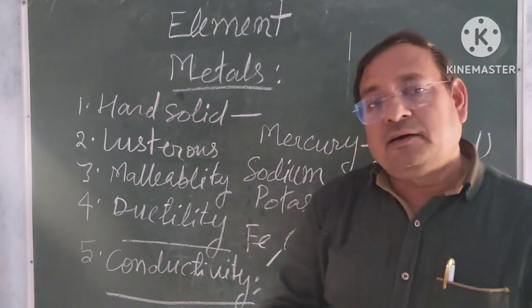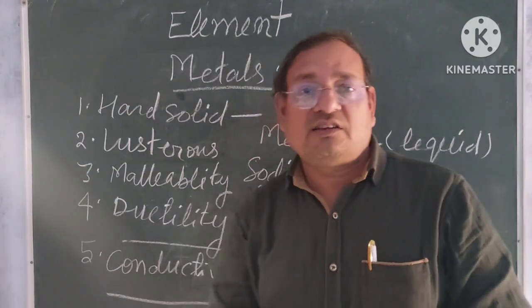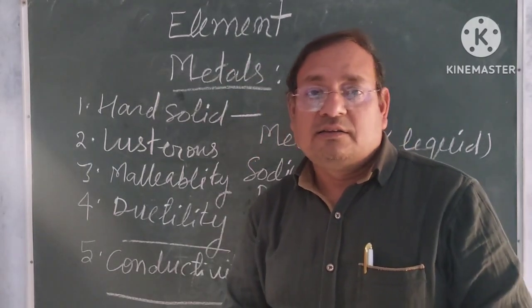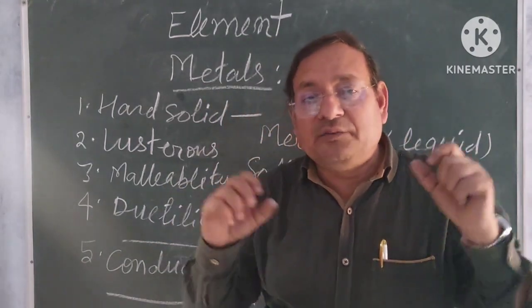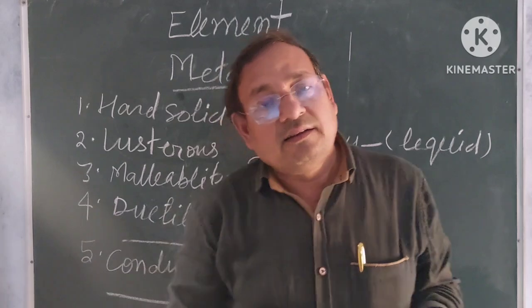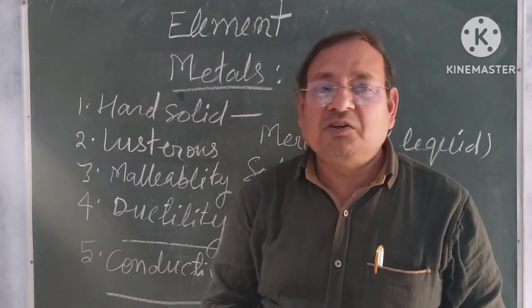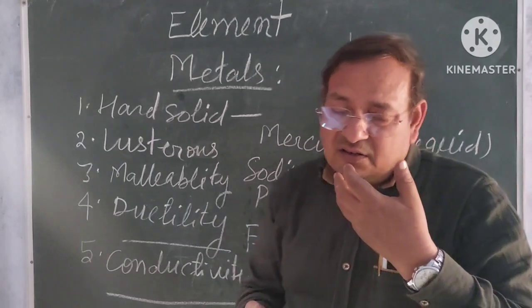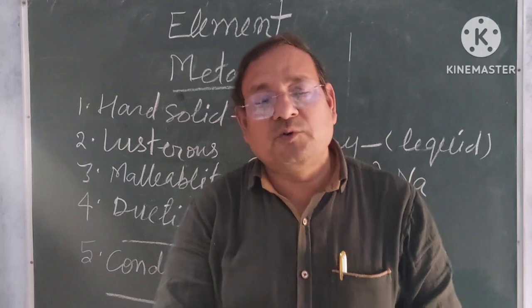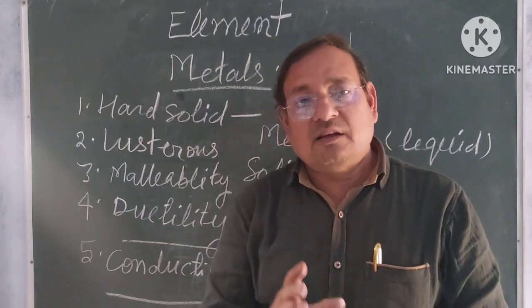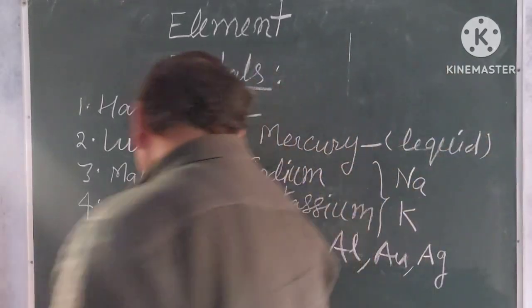This property of metals is known as tensile strength. Understand? When we bend a steel rod or an iron rod, it takes much force because of tensile strength. So my dear students, all of you have understood this property, tensile strength.